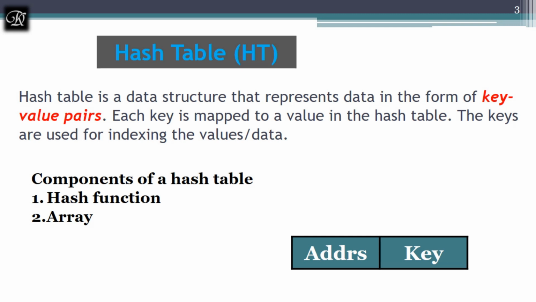The main role of the hash table is to create an index, where indexing is an easy way to identify the values stored in the memory locations. There are two components of a hash table. One is the hash function, which generates an address for a given key, and the other is the hash table itself, which we represent with the help of arrays.